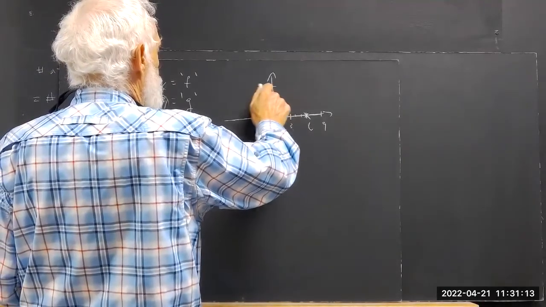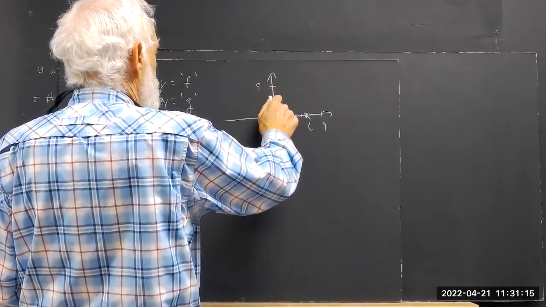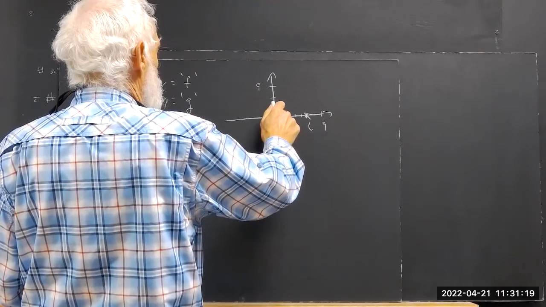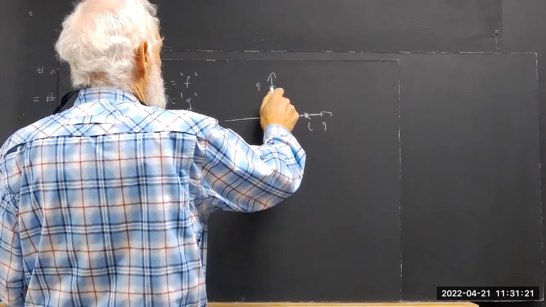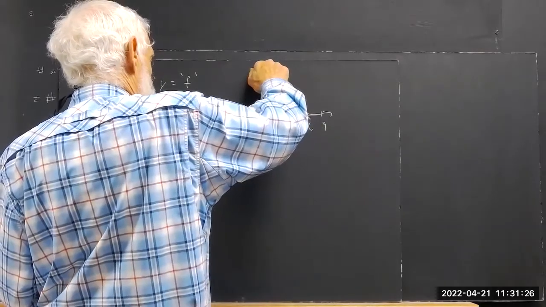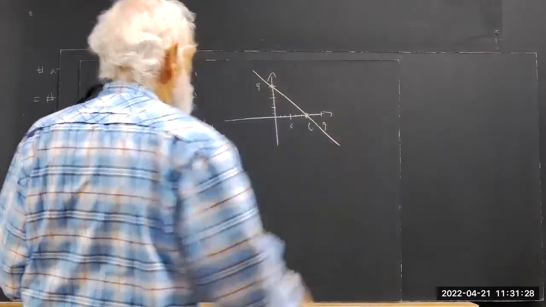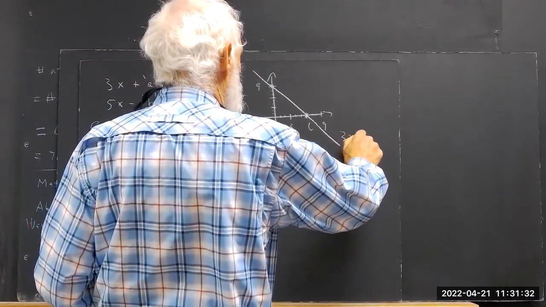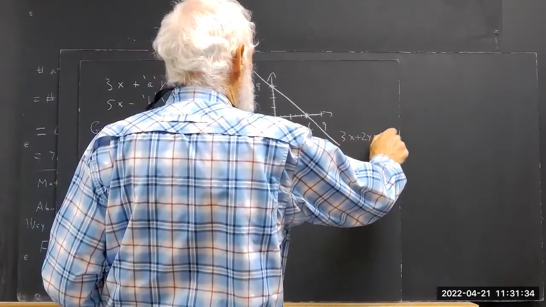So let's put 9 up here. I'm going to divide each of these into thirds, and I'll have a straight line here that more or less depicts the equation 3x plus 2y equals 18.